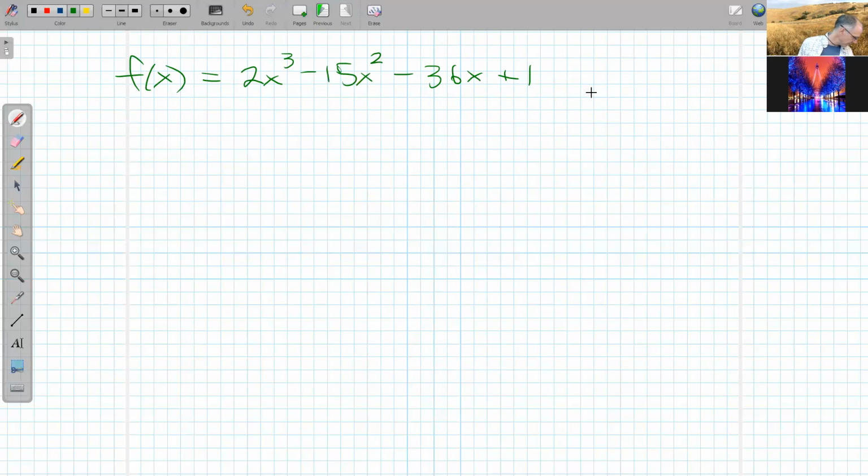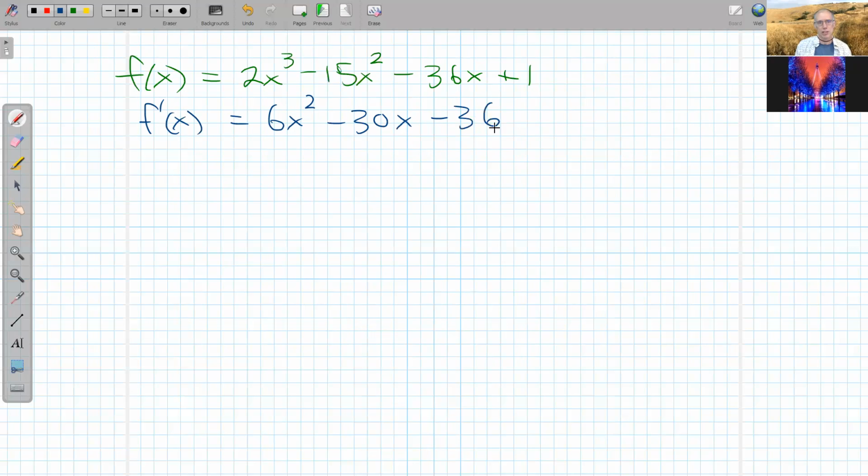You got that right? Yep. f prime of x, the derivative, slope function, is 6x squared minus 30x minus 36. And earlier we took our f prime of x and set it equal to 0, and we found that x was equal to -1 or 6.